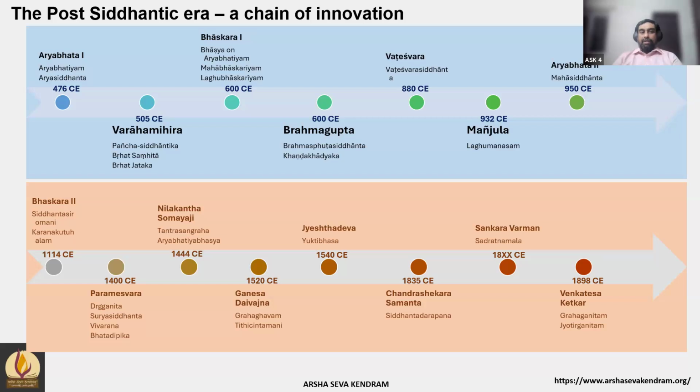Aryabhatta, of course, is a prominent astronomer. He is famous for his Aryabhattiyam, which is a very small text on Bharatiya astronomy. However, there are several commentaries and bhashyas written on the Aryabhattiyam.